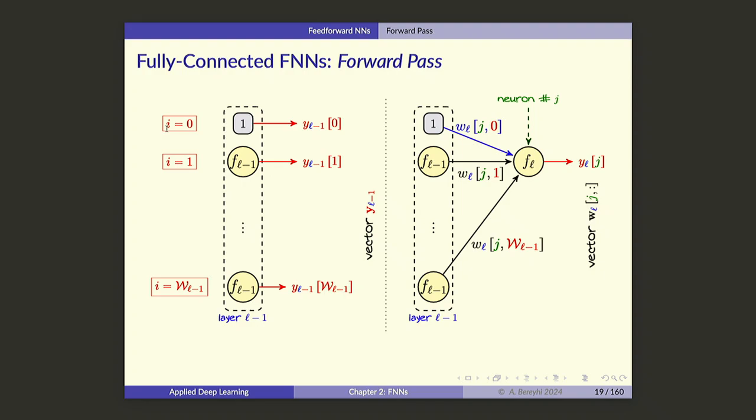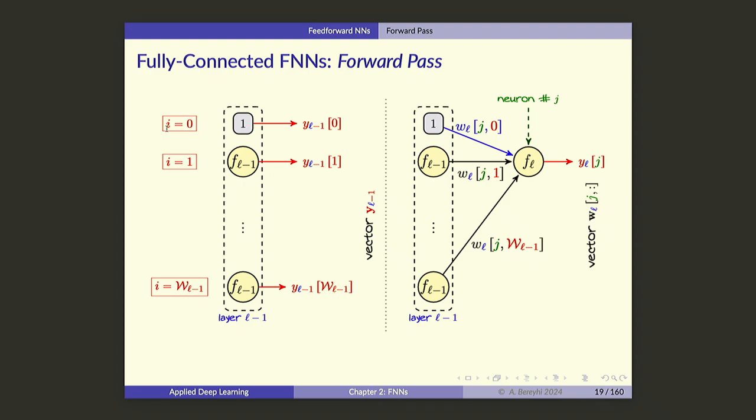And then what we did, we connect every single neuron to this one. Now imagine that I am focusing on one particular neuron, and the index of this neuron is J. I start counting from the top: 1, 2, 3, and I get to neuron number J.